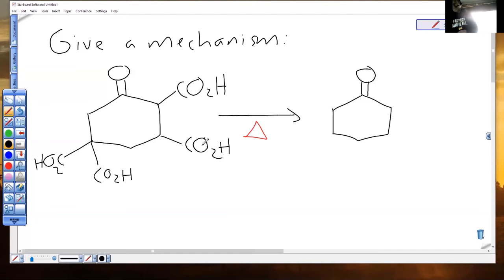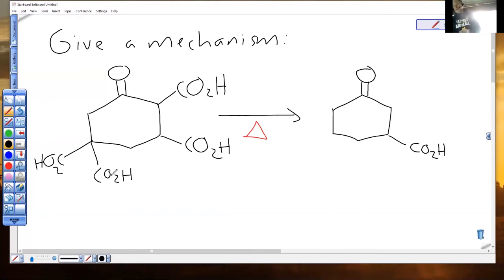This CO2H is not beta to any carbonyl. There's the alpha position. Is the beta carbon a carbonyl here? No. Is the beta carbon a carbonyl here? No. This CO2H will remain. It's not beta to another carbonyl. Has to be beta, or else you can't do that mechanism.